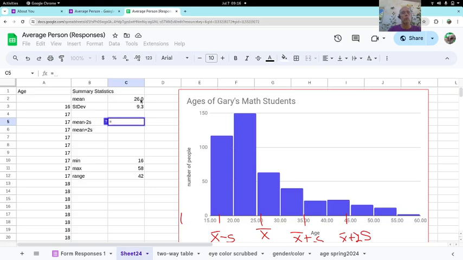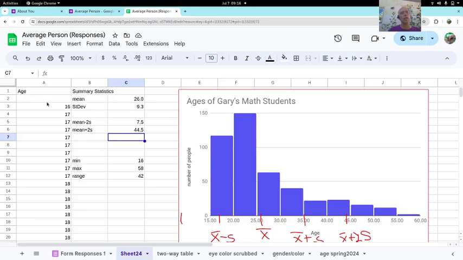So I just want to equals, take the mean, subtract 2 times the standard deviation, and then same thing here, equals the mean plus 2 times the standard deviation. All right, so I was saying it was about 8, which is close, and I was saying this one was about 44, which is close. And again, I was just doing pretty rounded calculations.